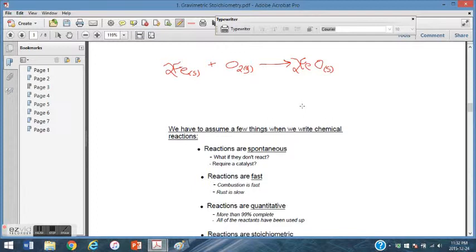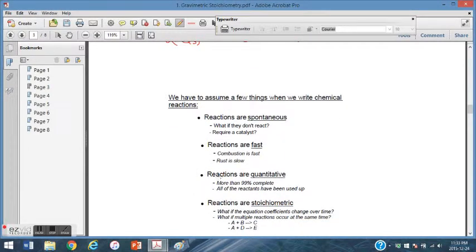That reaction that's on the screen there, it doesn't tell you if it's fast or slow. Okay. We assume when we're doing these things that the reaction is fast. It may not be, but this reaction doesn't tell me anything about the speed. We assume that they're fast, that when we mix stuff together, something actually happens right away.